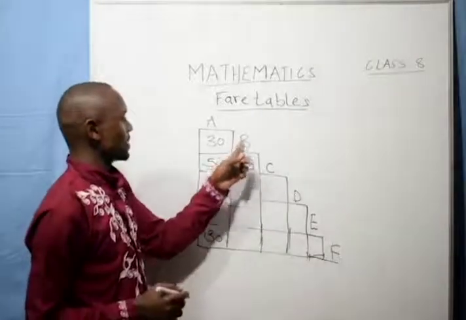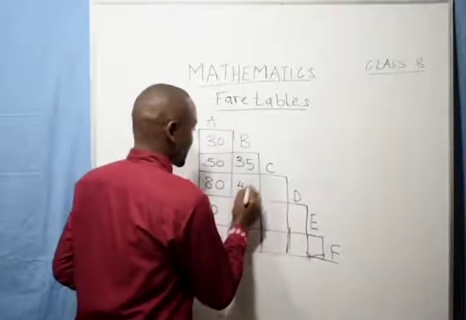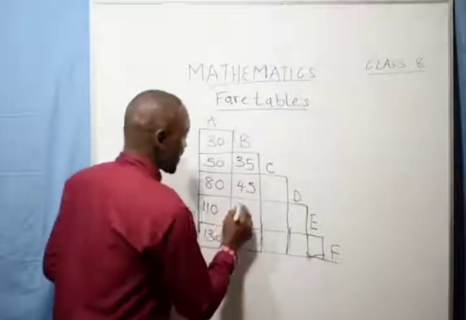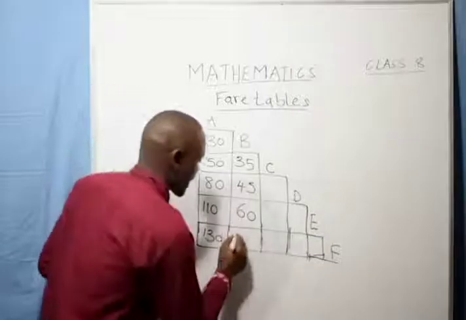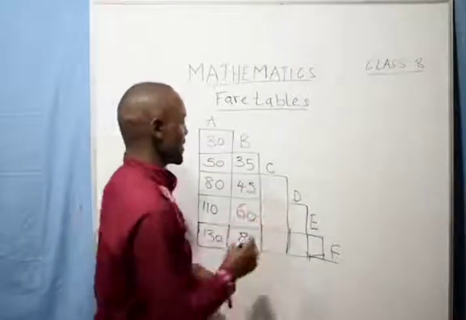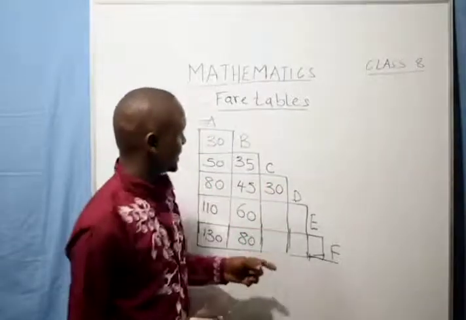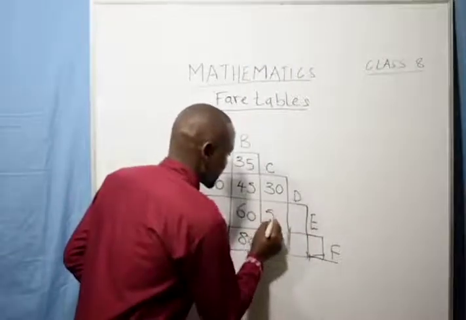Then from town B to town D, it can be around 45 shillings. This one can be around 60 shillings. Then from town B to town F, around 80 shillings. From town C to town D can be maybe 30 shillings. From town C to town E can be around 50 shillings.